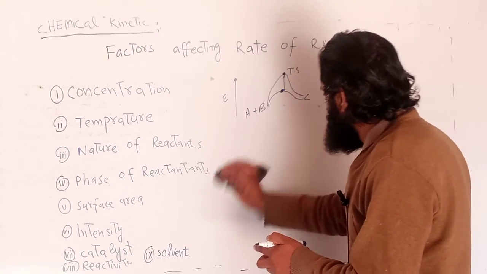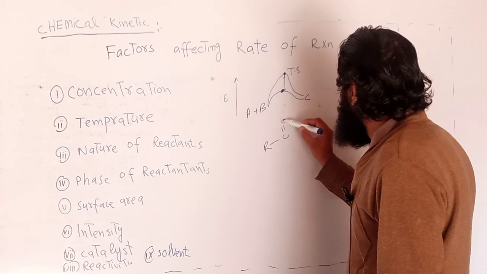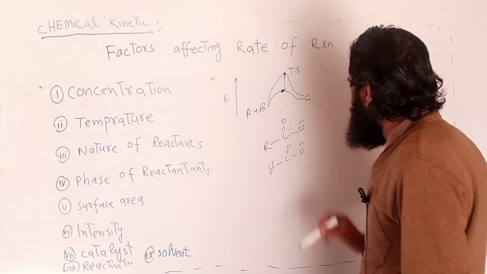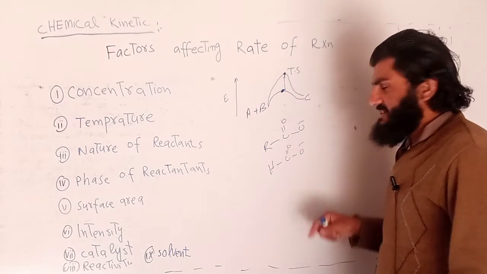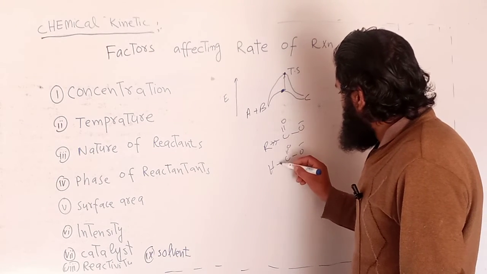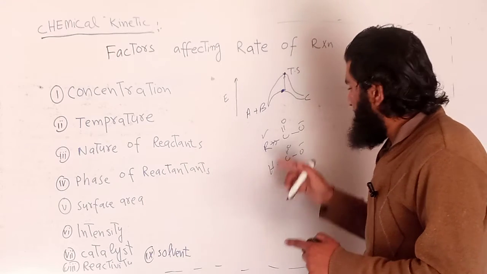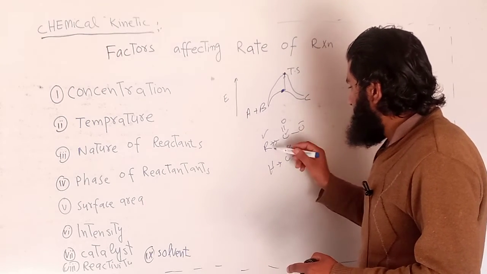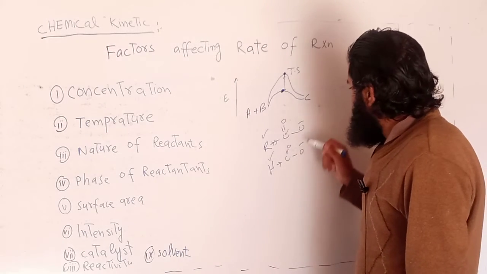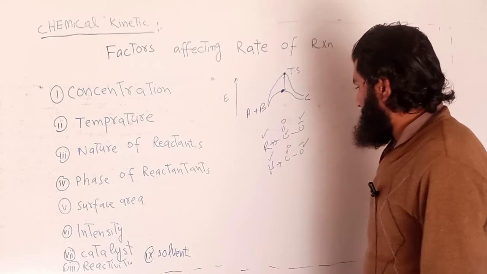You can write these two examples down. This oxygen is acting as a base. Here the ability of the alkyl group to push its electron density toward this carbon is greater than that of hydrogen. It means the negative charge will be higher here as compared to that point.